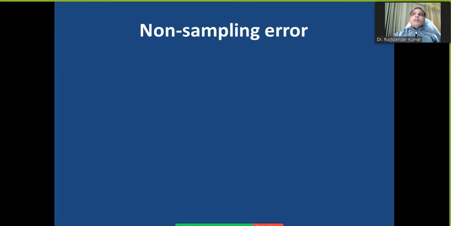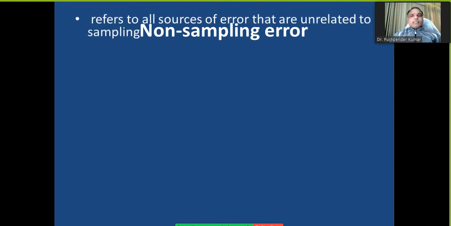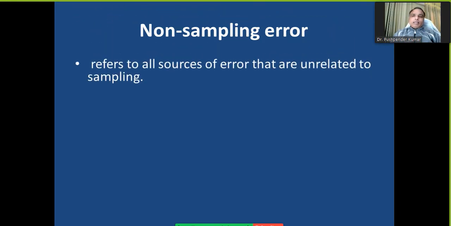Is it because you haven't taken the right people, those who represent the whole population's characteristics? So let us see what kind of error we are discussing here. Is it linked with sampling, or besides that are there other errors which are not linked with sampling? We call them non-sampling errors.